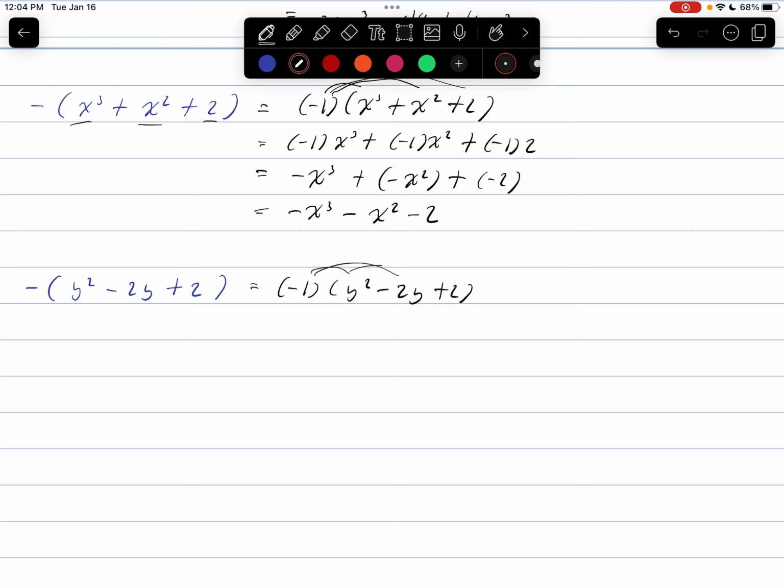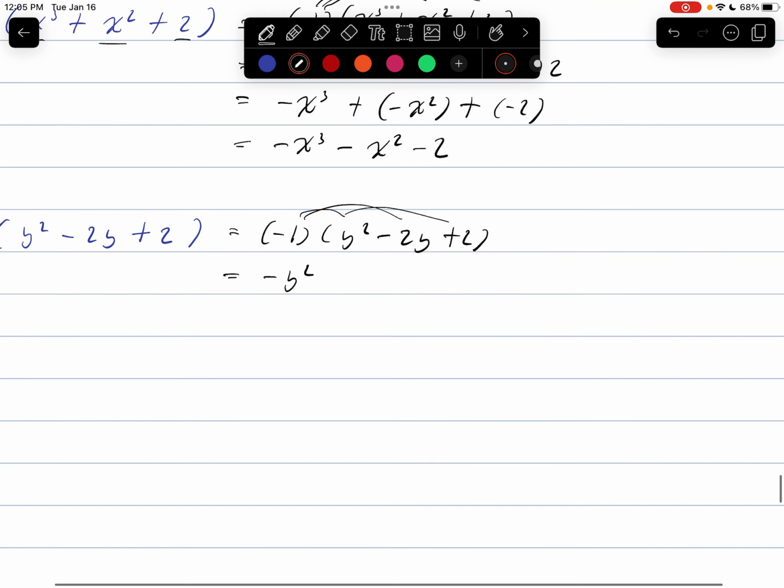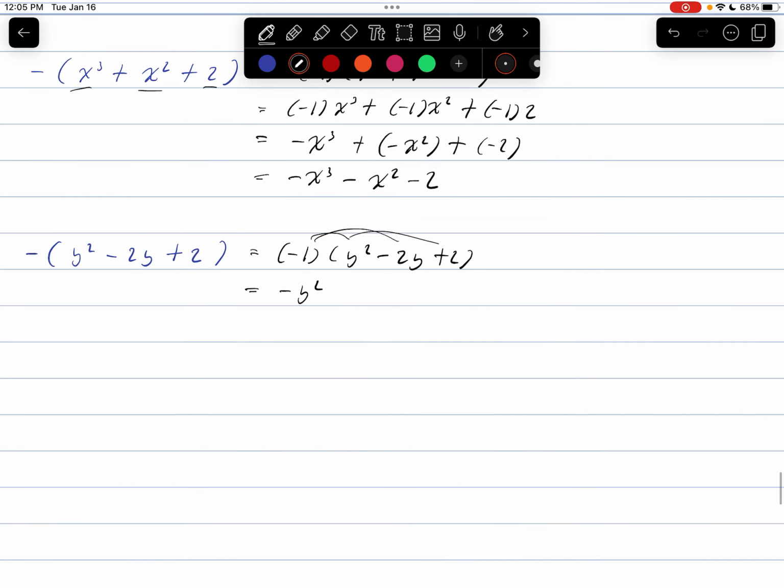If we distribute that, we're going to get negative y squared. Okay, and this is the interesting part here. Then we're going to have minus -1 times 2y, and then we're going to have plus -1 times 2.